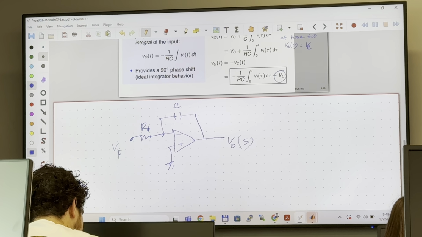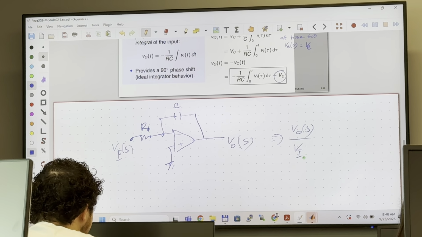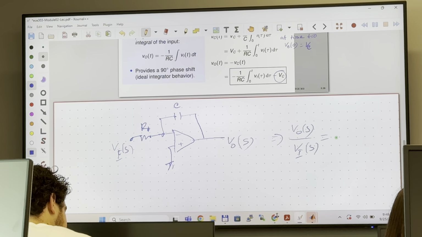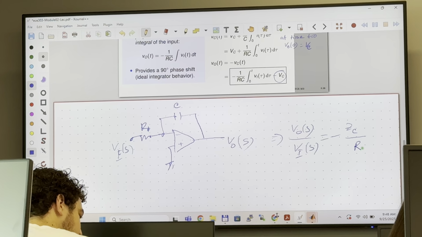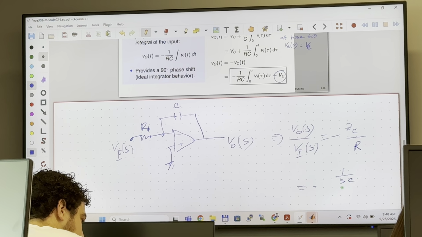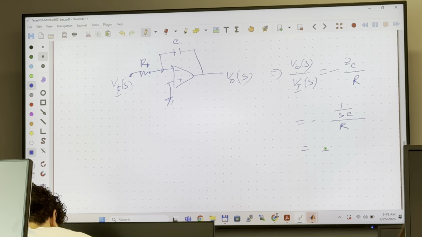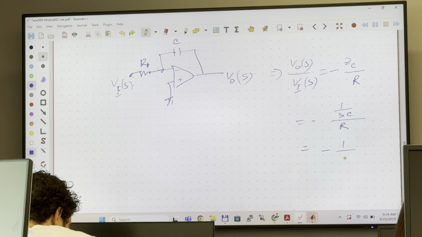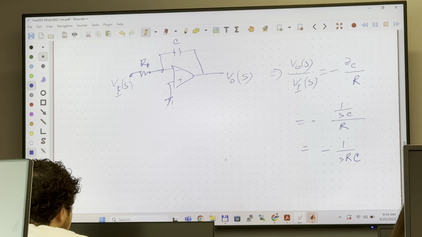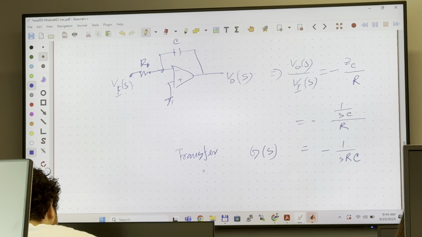So Vout(s) over VI(s) is going to be negative ZC over R. ZC is going to be 1 over SC, over R. So it is going to be negative 1 over SRC. So this is the transfer function.